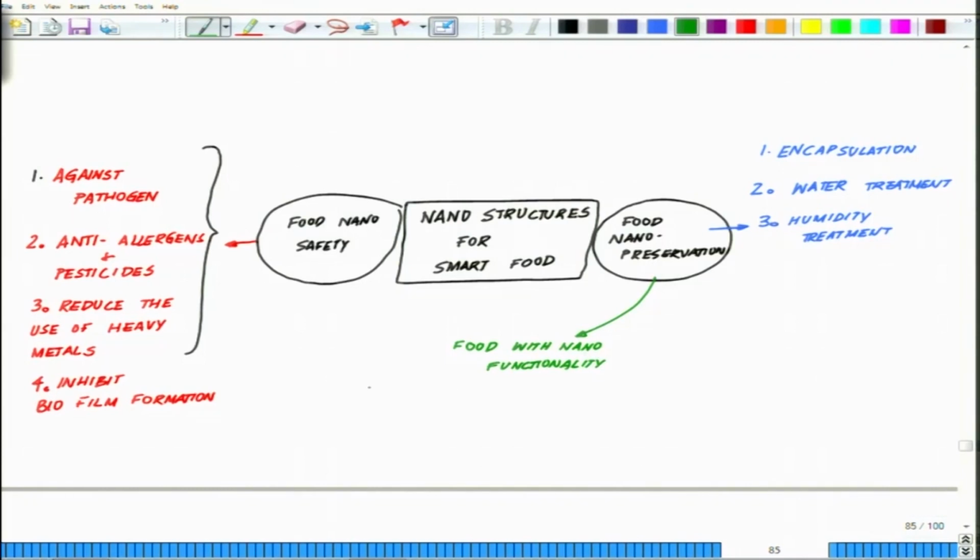They have enhanced physical properties, which is what is being desired.